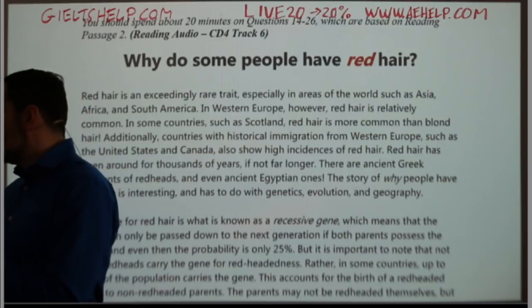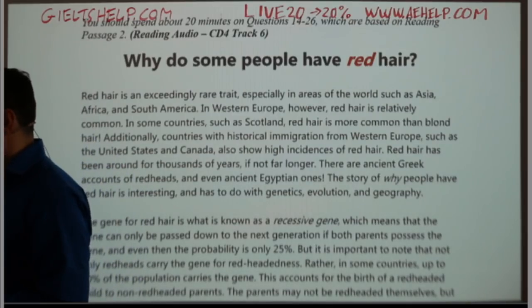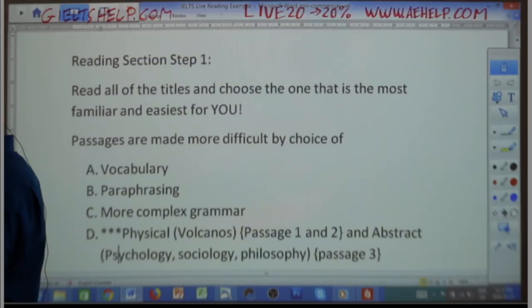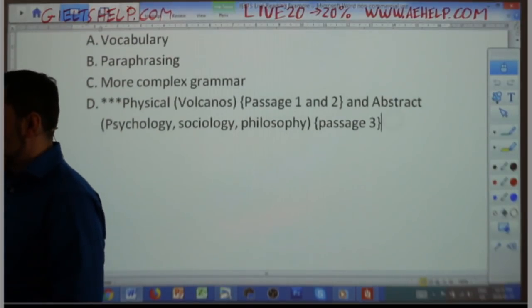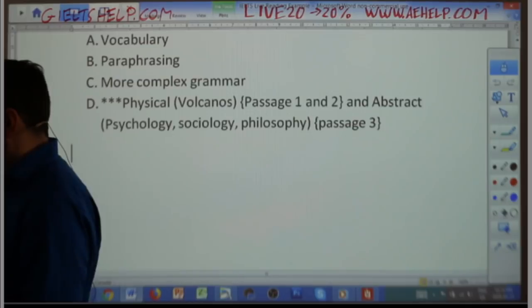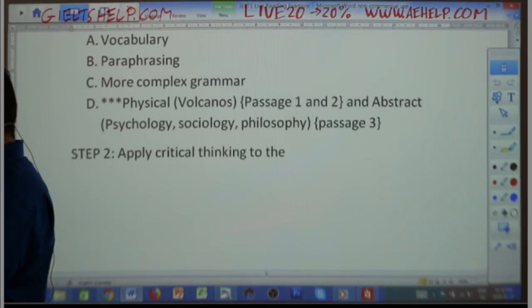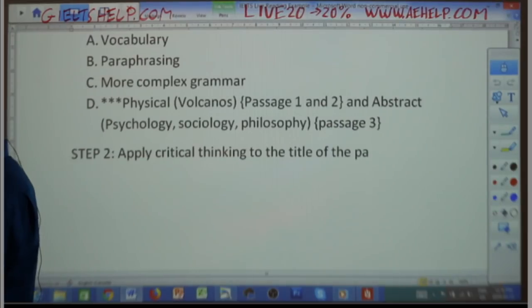What do I mean by critical thinking? Some of you students that watch these lessons regularly should know what I mean when I say critical thinking. So step 2 is apply critical thinking to the title of the passage.